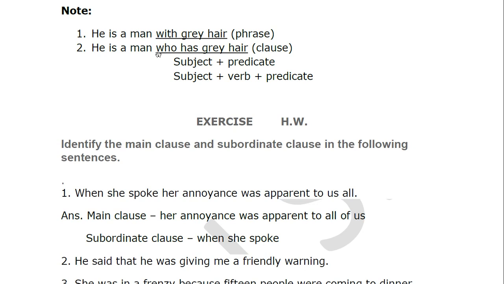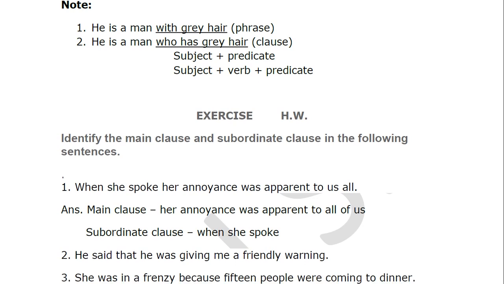And the predicate is has grey hair. So this is your subject, he who, has is your verb, and grey hair is your predicate. Now, this is your subordinating conjunction over here. Because of this, it became a clause.